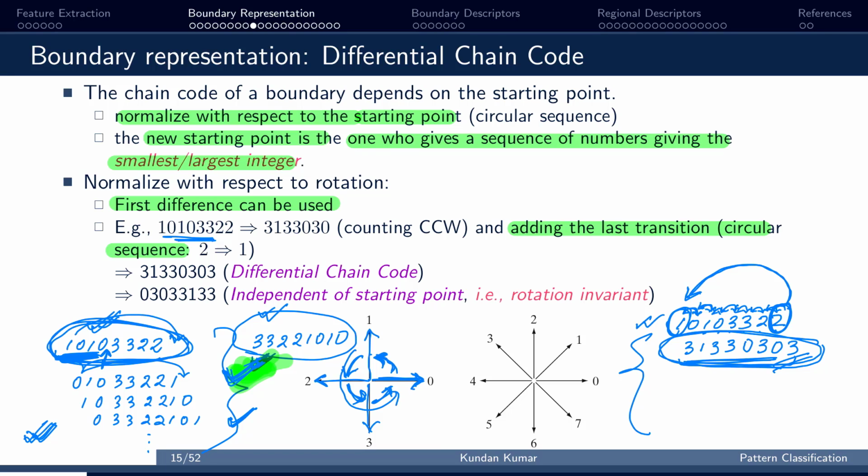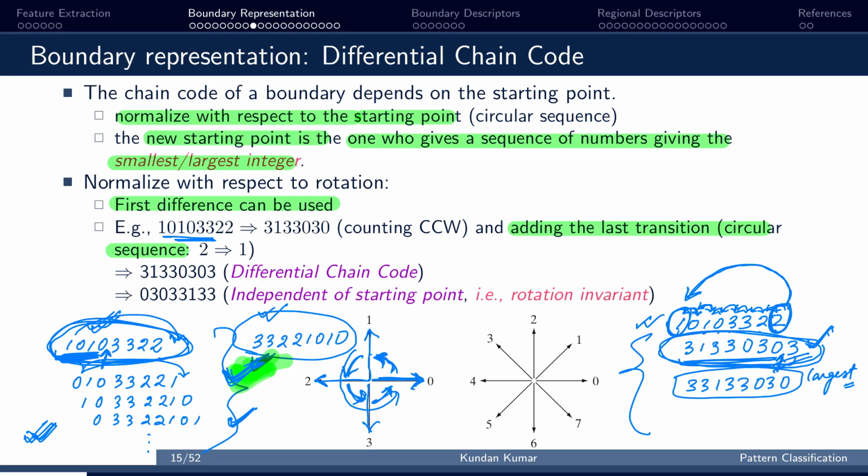If you notice this differential chain code, we can make the largest integer or the smallest integer. To make the largest integer, we can write from here: 331333030. This is the largest integer possible using this chain code.